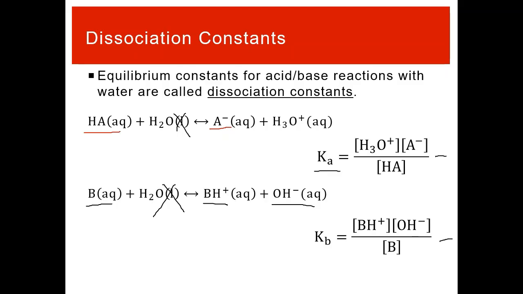We call these dissociation constants because it really comes from the idea that the acid is dissociating, meaning falling apart, and so the H is leaving the acid. We thought it just kind of fell apart and floated around. Now we know it goes to the water, but that's historically where the terminology dissociation constants comes from.